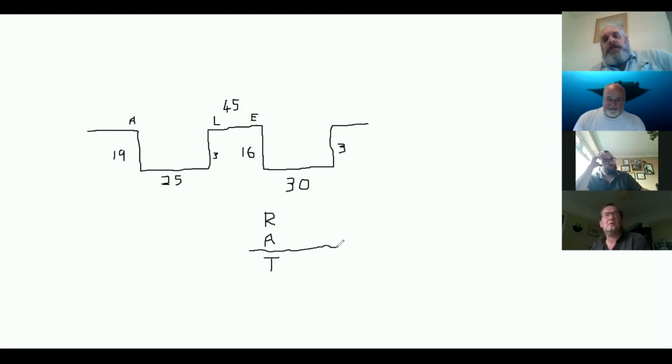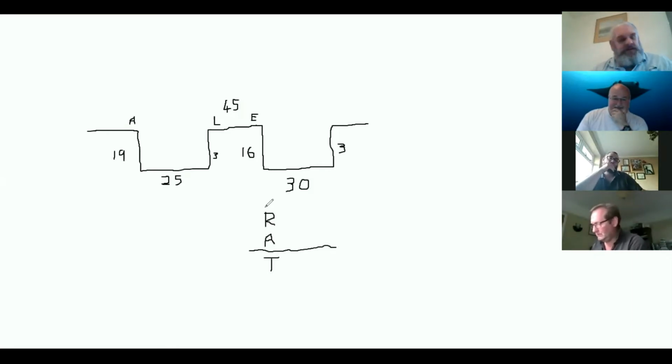Right, so it's always handy just to write it out like this. That's why I'm drawing it like this. It is the simplest way to do it. You can do it without pen and paper, just using the cards, but it's so much easier like this, and it's so much easier to actually just write the RAT.